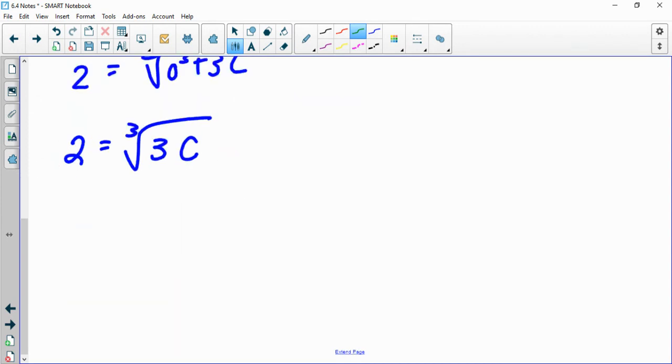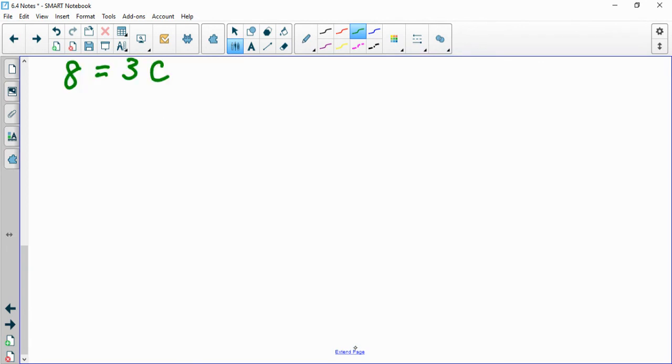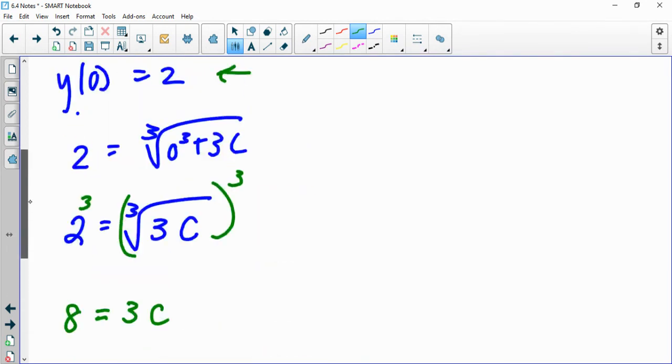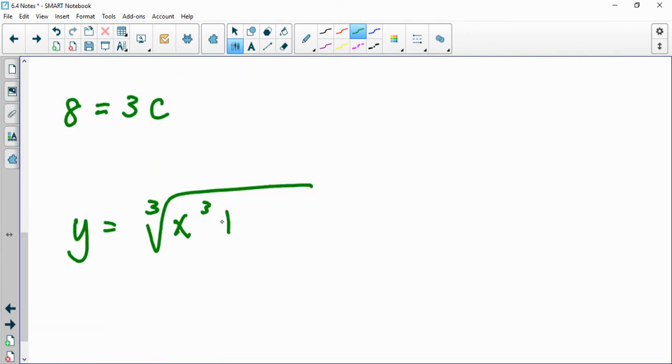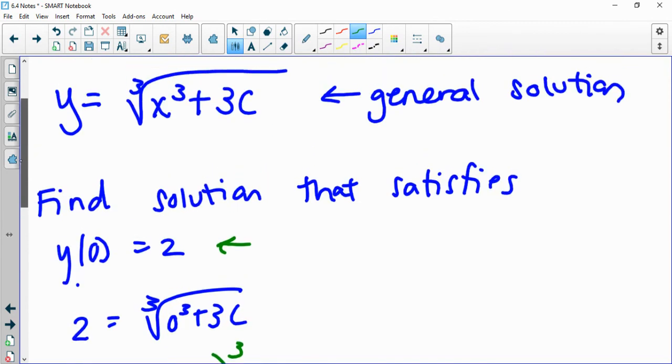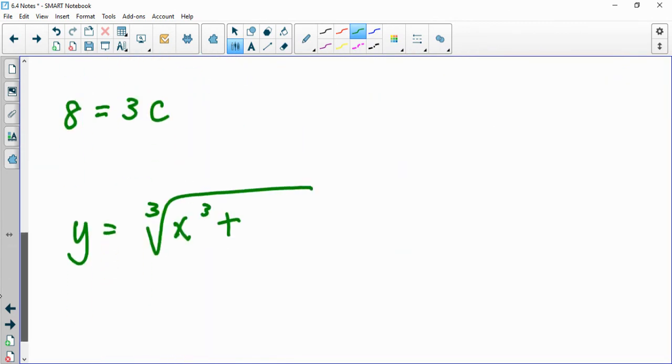So now we could cube everything. So we got 8 equals 3c. All right. So then what we could say is y equals the cube root. I'm going back to this original equation. x cubed plus, but instead of 3c, we could put 8 right there.